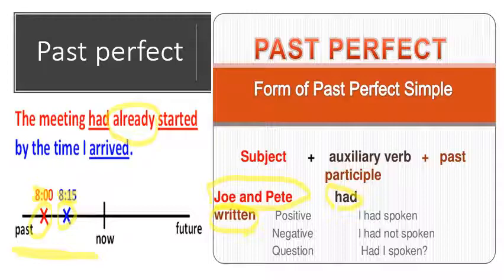By the time I arrived, this is the time when I arrived at the meeting, and I noticed that the meeting had already started. Therefore, to say it again, two actions, both of them happened in the past, but one of them happened before the other. The older one is going to be in the past perfect, and the recent one is going to be in the simple past.